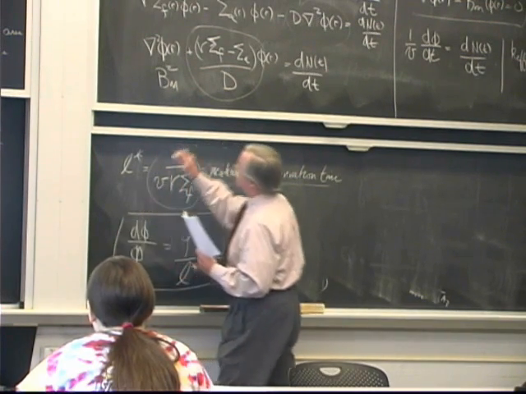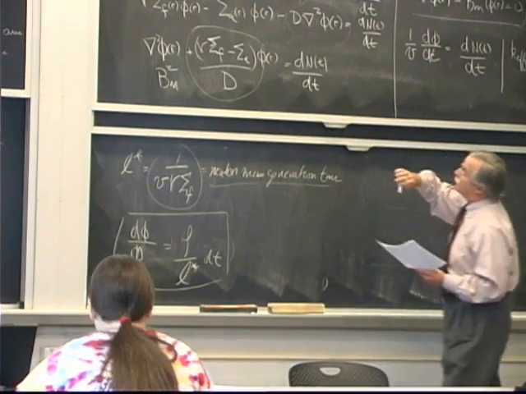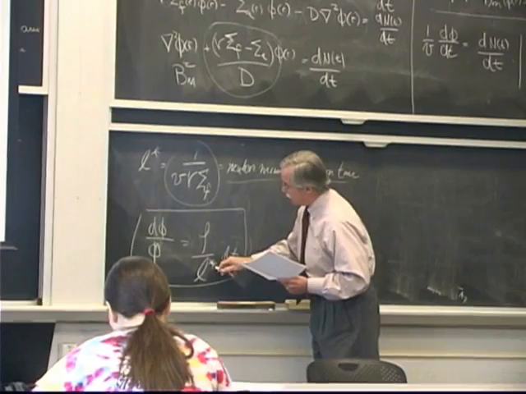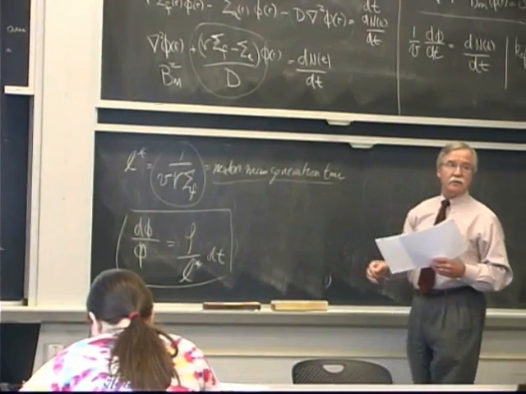So we've taken this very complicated neutron balance equation and related it to the reactivity insertion as a function of mean generation time.